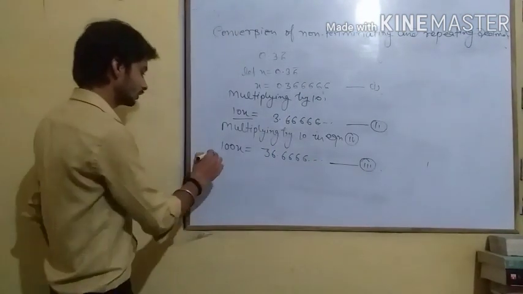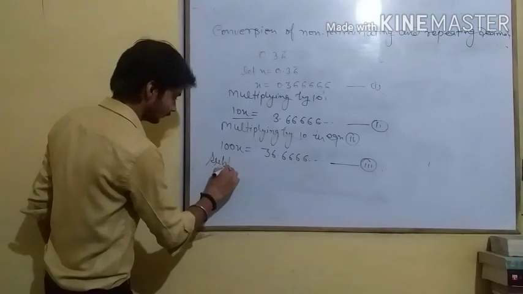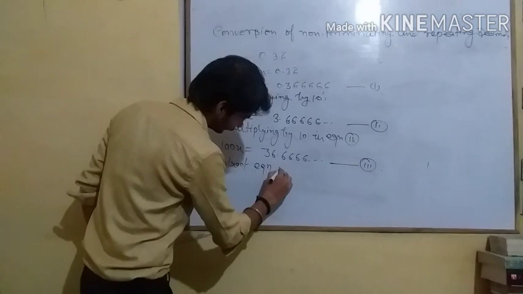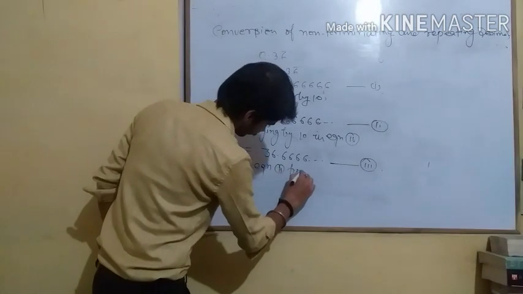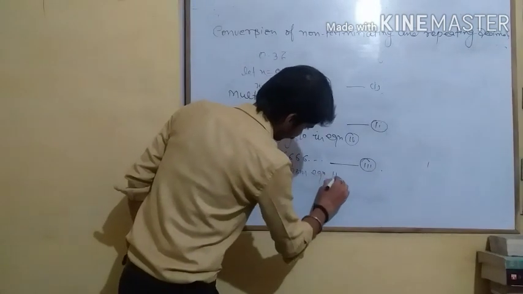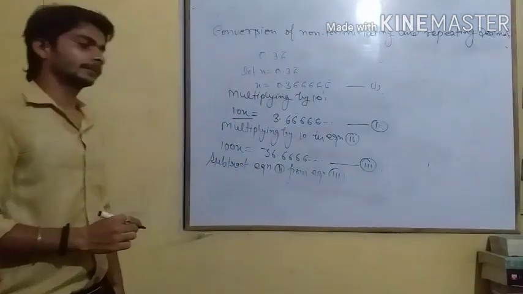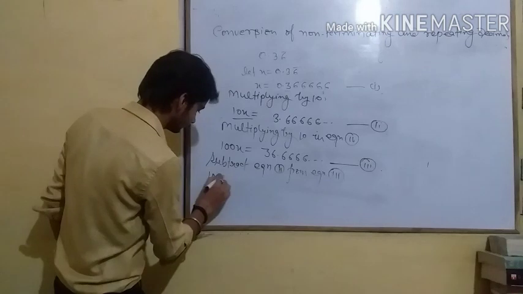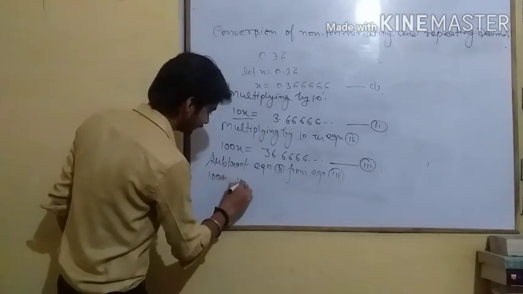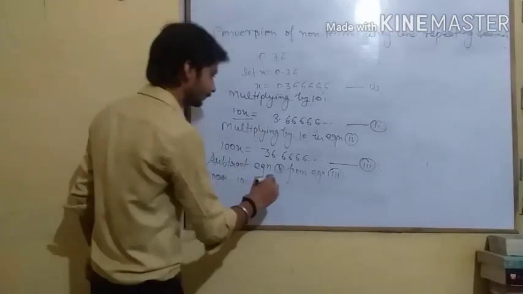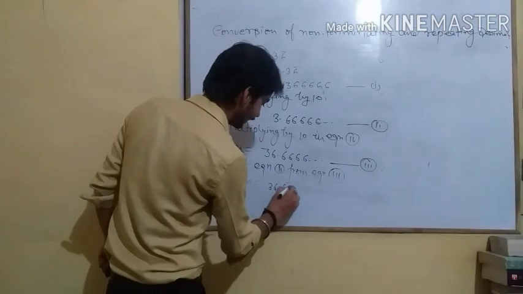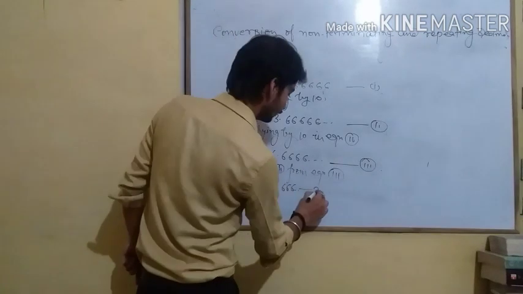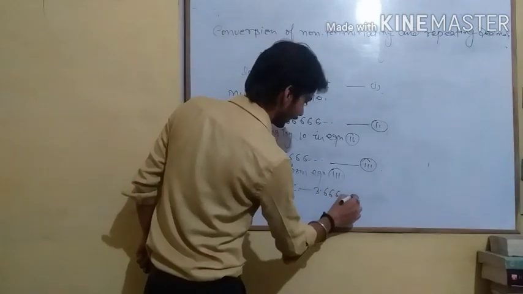Now subtract equation 2 from equation 3 and we get 100x minus 10x is equal to 36.666 and so on minus 3.666 and so on.